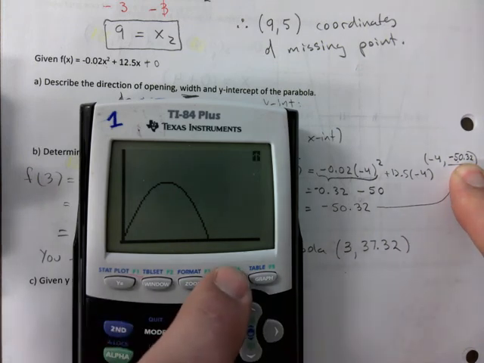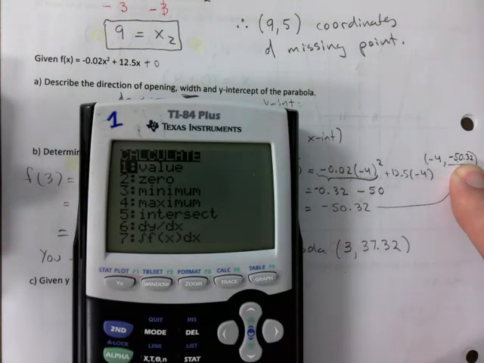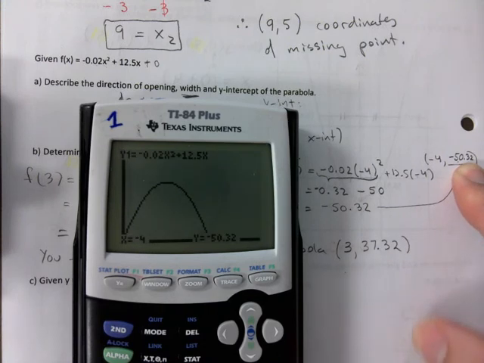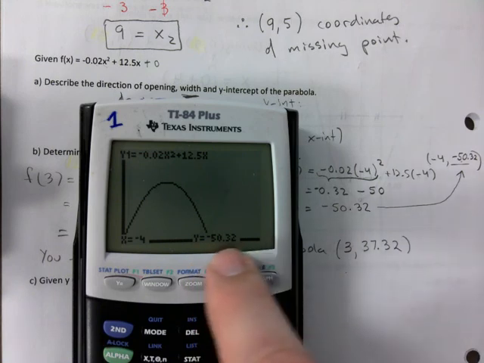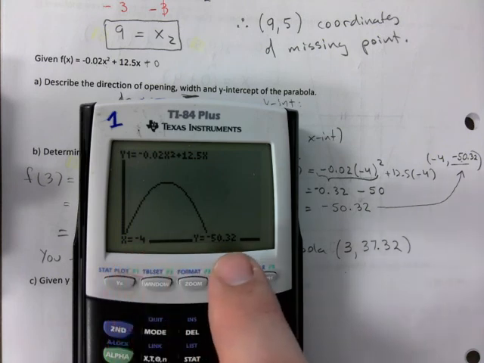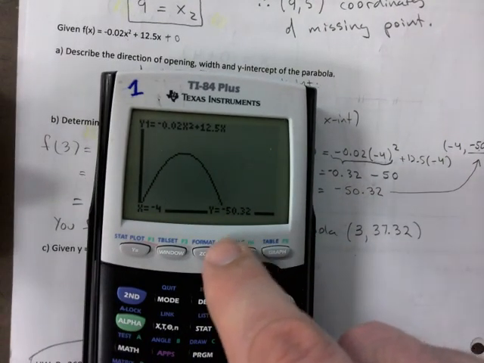Second trace, value, x is equal to -4. And what do you know, -50.32. It is exactly what I want. Except it's y in the negatives, so it's actually somewhere down here.